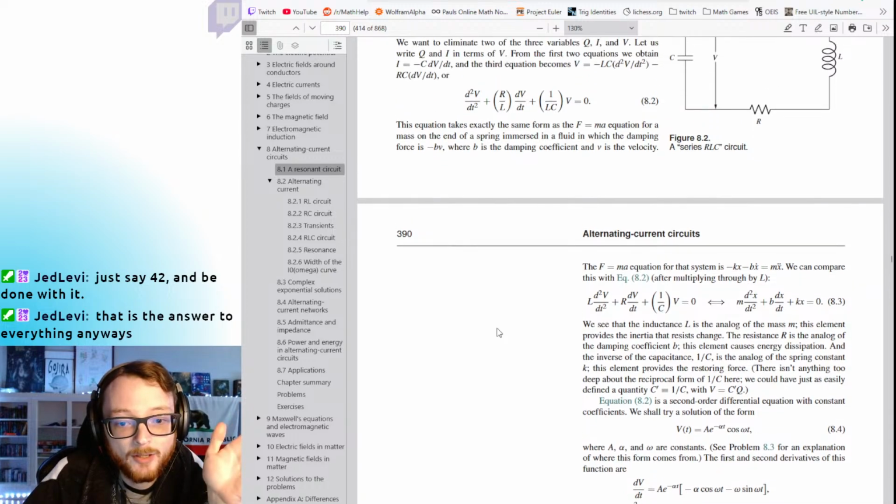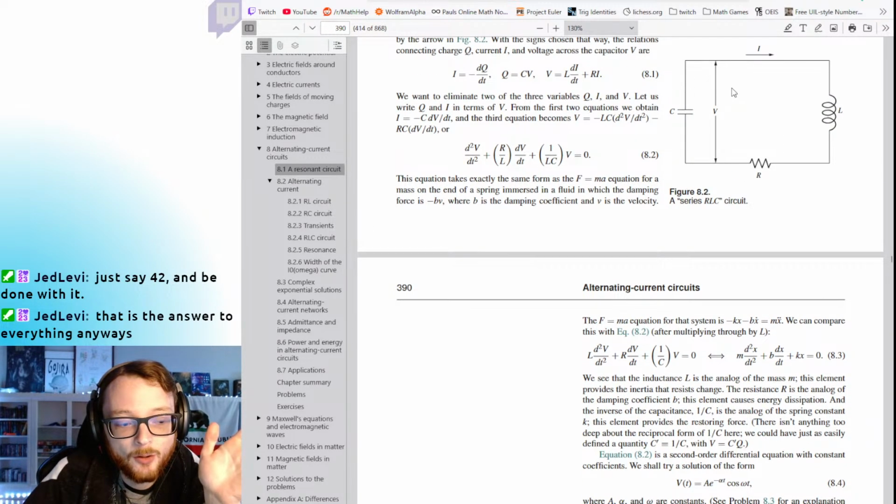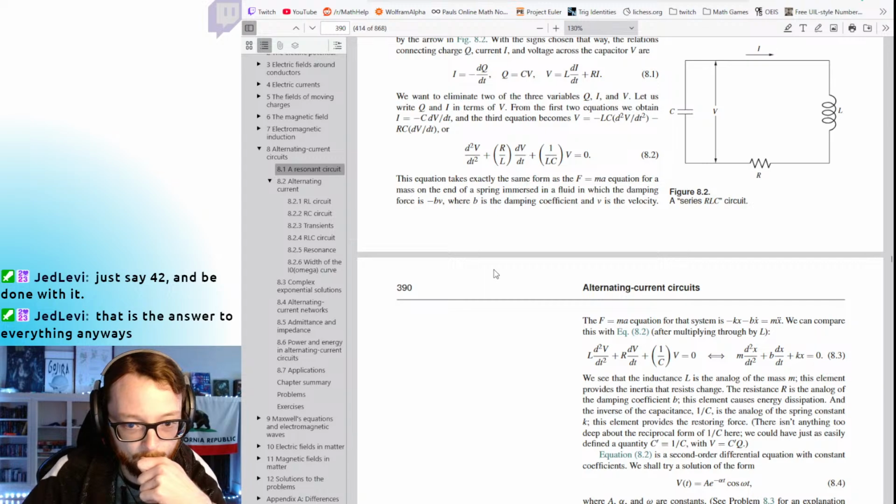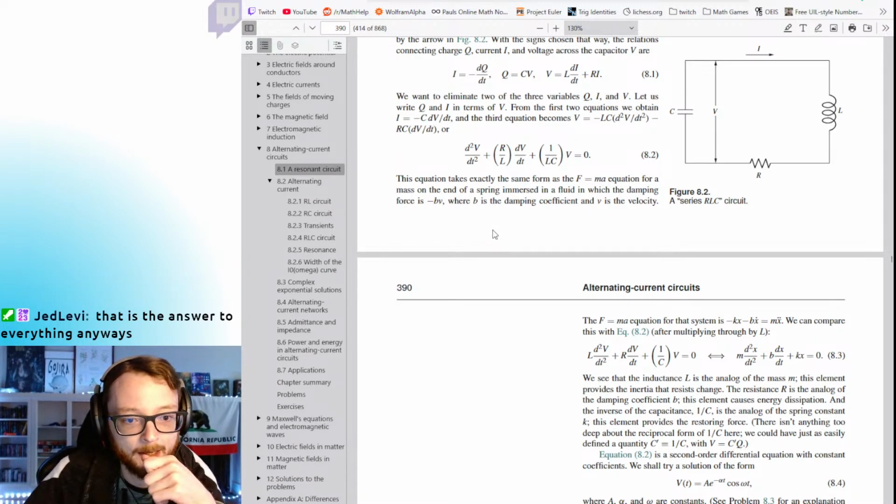And actually, I should mention that an alternating current RLC circuit is the exact same thing as a mass with a spring that has friction, I believe. You have the constants shuffled around a different way, but it's basically the exact same behavior. And so this is the circuit equivalent of friction being too high and the oscillations eventually stopping.